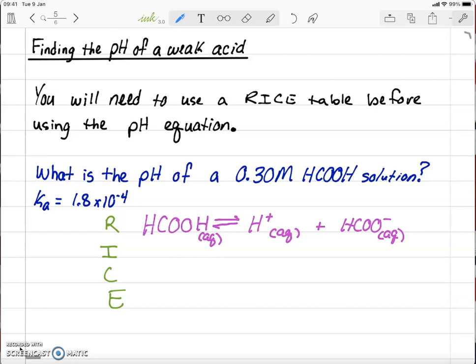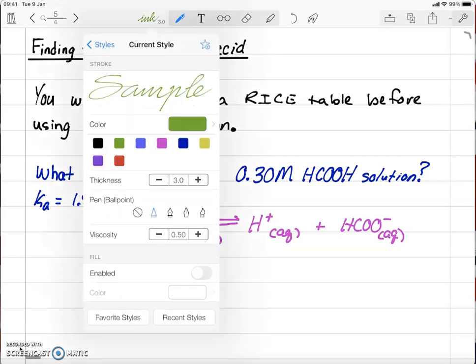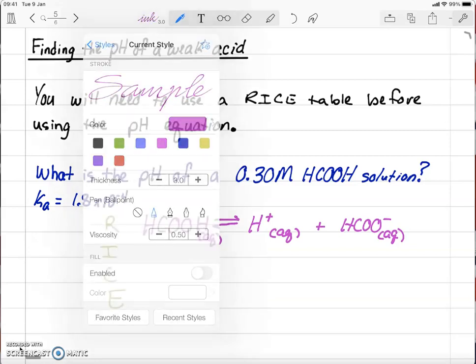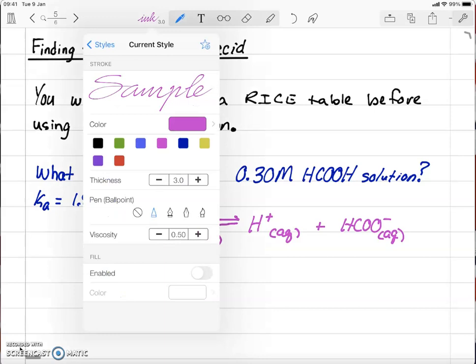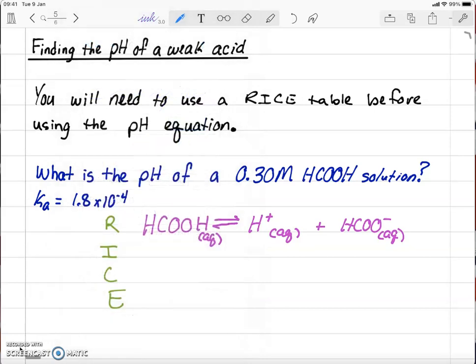Reaction, initial, change, and then equilibrium. So the initial concentration was 0.30 before any breaking up began, and then we had none of this in solution and none of that in solution.